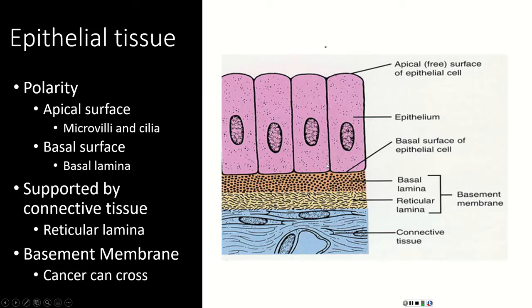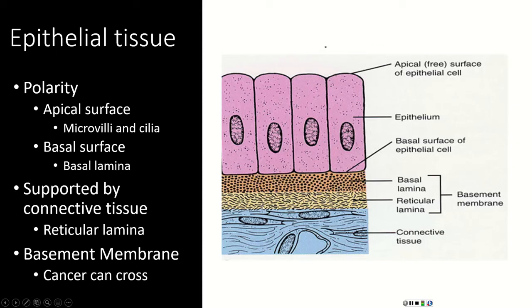The basal surface secretes the basal lamina. And the basal lamina has a lot of proteins like collagen. It has a lot of glycoproteins. So we have kind of this sticky jelly-like substance here.